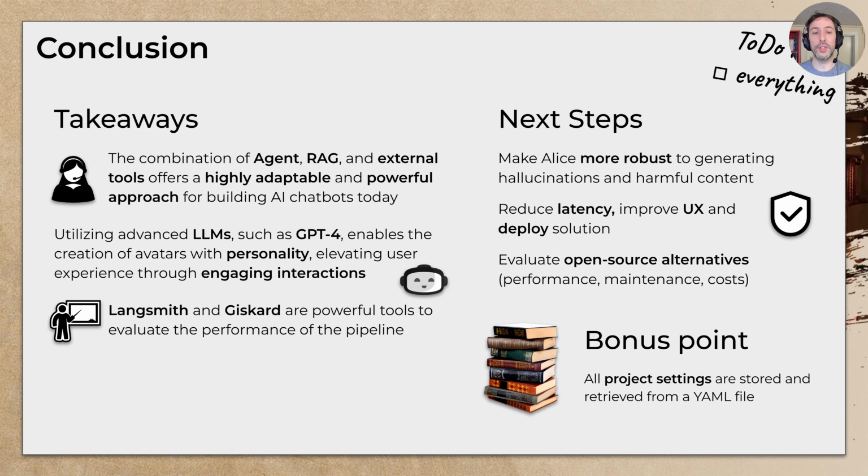The fact that we are using LLMs like GPT-4 now also allows us to create chatbots with personality. So we are moving away drastically from the chatbots we used to have a few years ago. I don't know if you remember, but we had chatbots that sounded very robotic, that were repeating themselves a lot, that couldn't really help you. Most of the time you had to ask to talk to a real person.